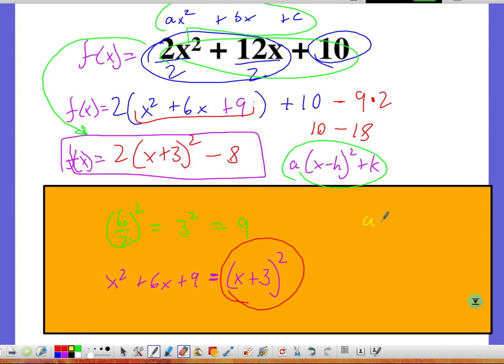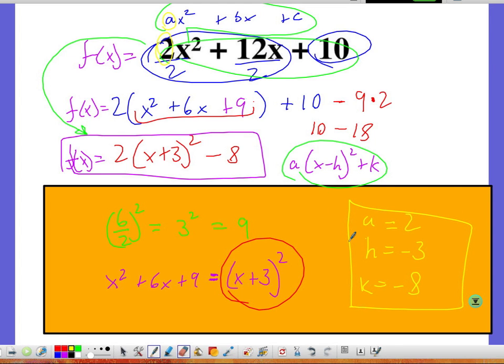Now we can find a, h, and k. A is 2, which we can find looking at standard form, but now we can find h, which is the opposite. H, what is the opposite of 3? That's negative 3. And k is going to be negative 8.